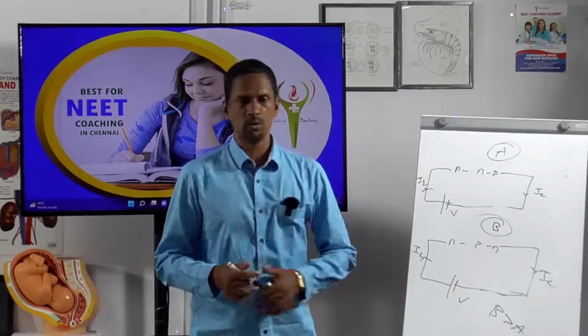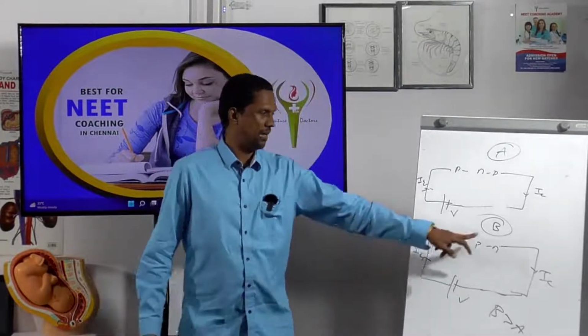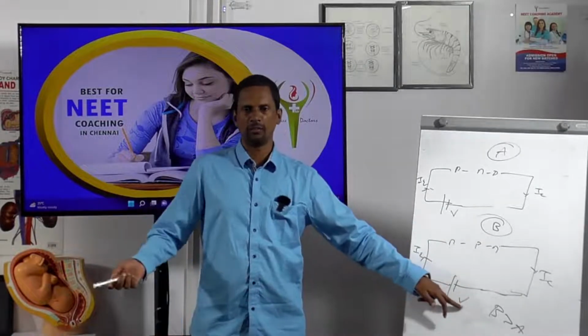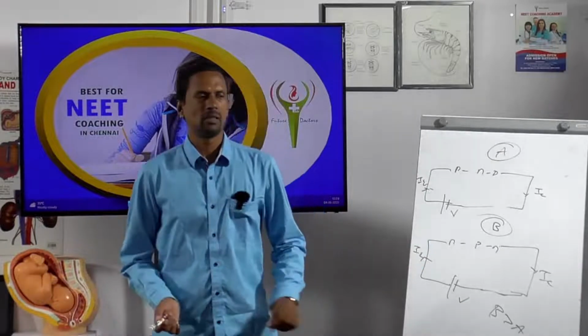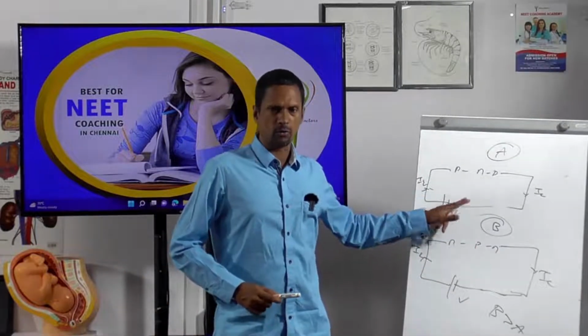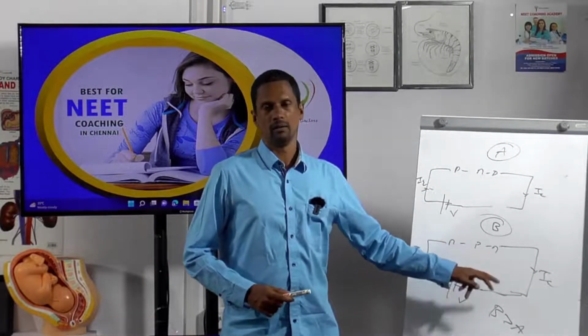In the solar cell, which junction will I use? B type, because the B type will have more current flow. So out of the two junctions I will go for NPN.